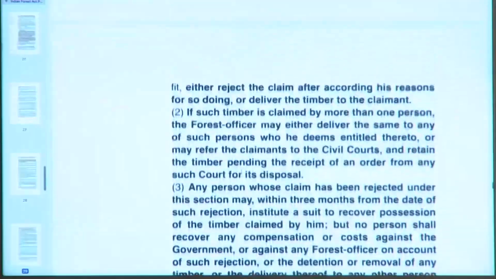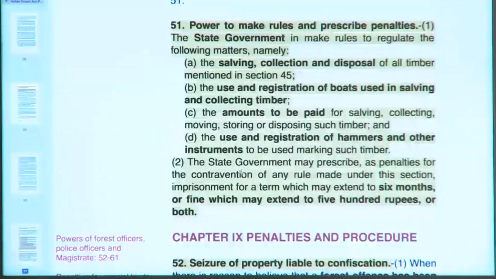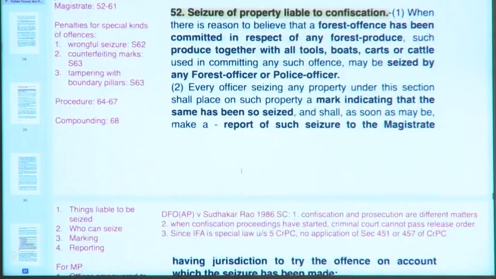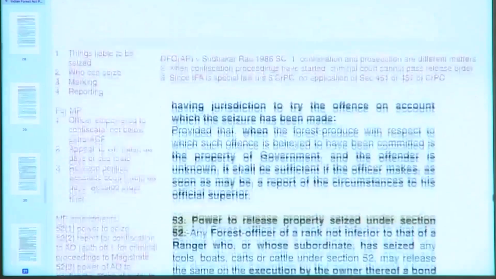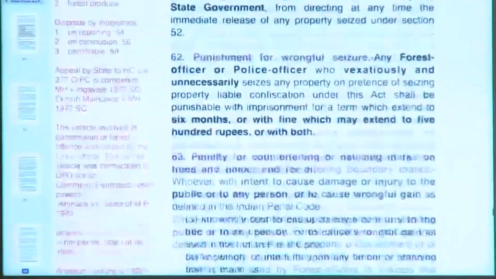So, you cannot say that you found a piece of timber which was just lying around, and then the government has the power to make rules and prescribe penalties. There can be a seizure. So, if somebody is doing a forest offence, then the forest produce together with the tools, equipment, carts, animals, whatever is being used for doing this forest offence, can be seized and they can even be confiscated. When something is confiscated, it becomes government property.